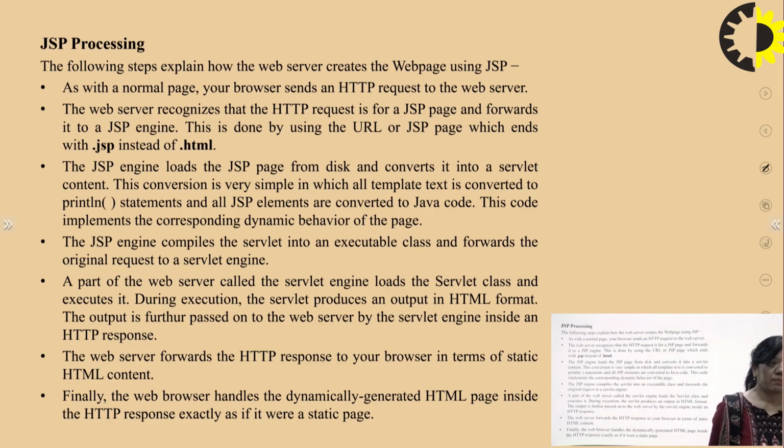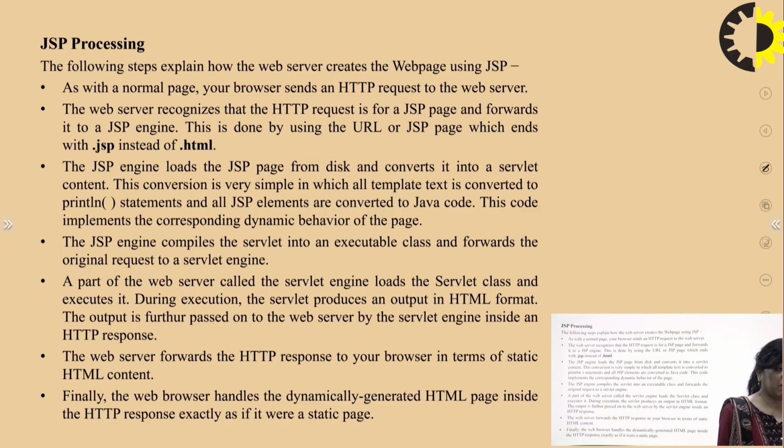This code implements the corresponding dynamic behavior of the page, and the JSP engine compiles the servlet into an executable class and forwards the original request to a servlet engine. Then the servlet engine, a part of the web server, loads the servlet class and executes it. During execution, the servlet produces an output in HTML format, and this output is further passed on to the web server by the servlet engine inside an HTTP response.